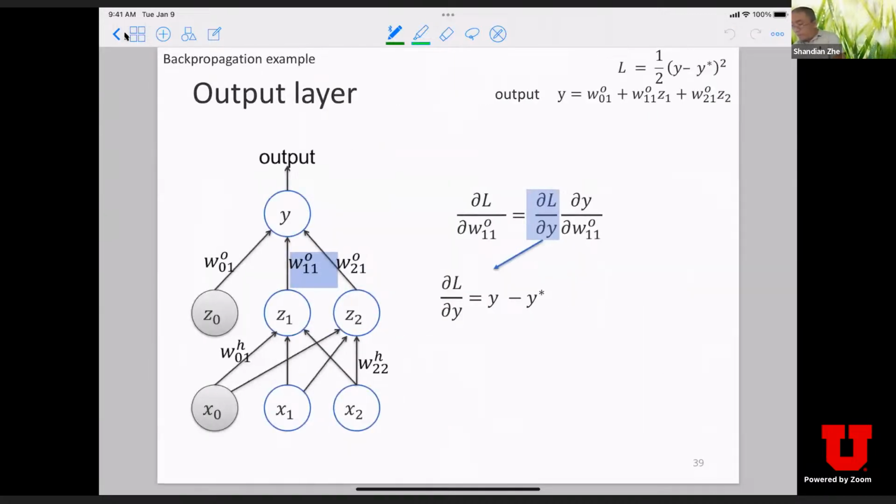So we just read out partial L over partial Y, which has already been computed in the previous step, and we only calculate something new, which is partial Y over partial W110, simply Z1. So we get the second result. It looks straightforward, so don't feel bored; we're going to get to a more interesting part in a minute.